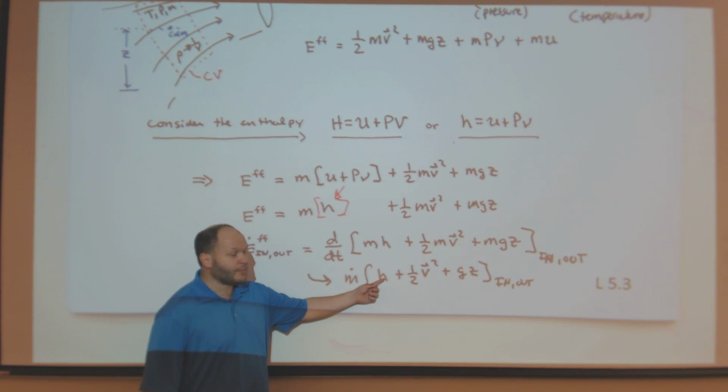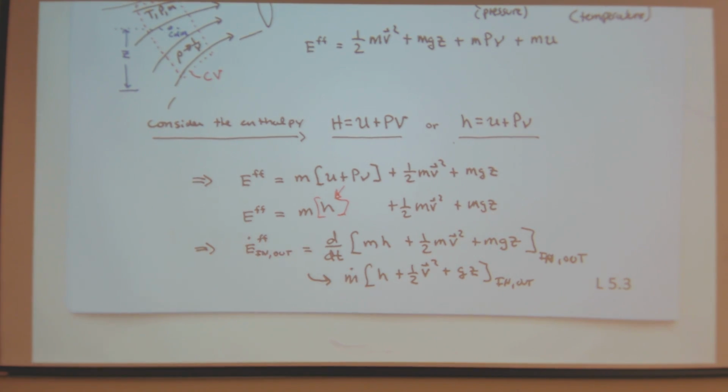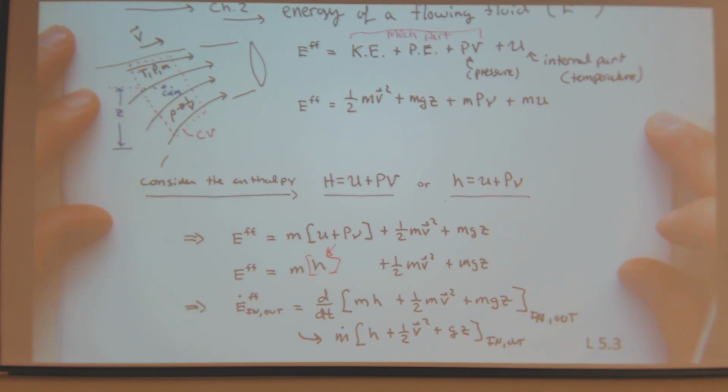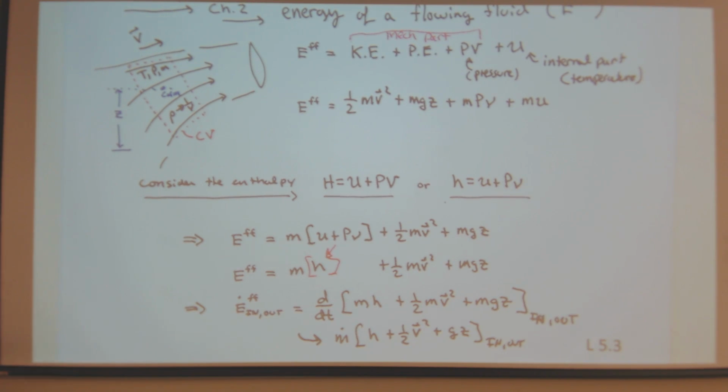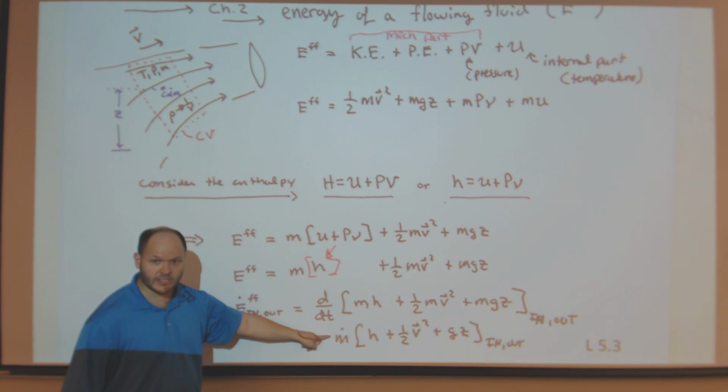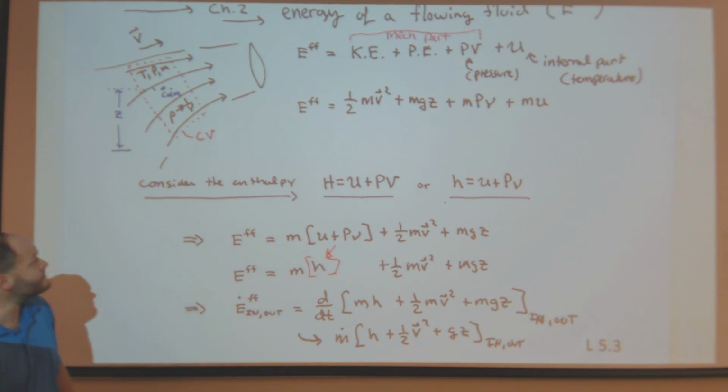Because we're now from the context of this control volume, so this is my control volume, this is my rate form. What is it implying?